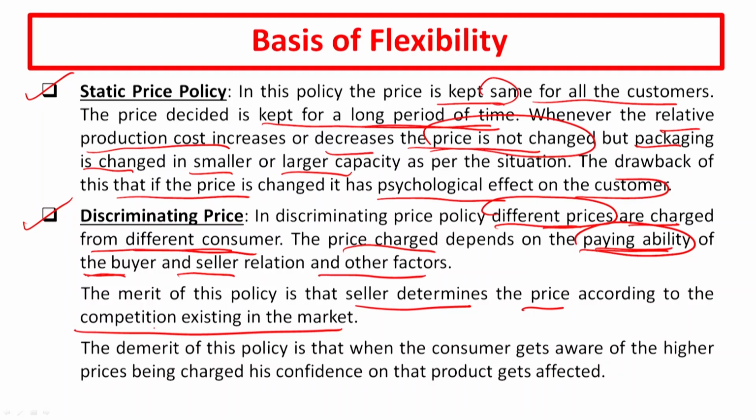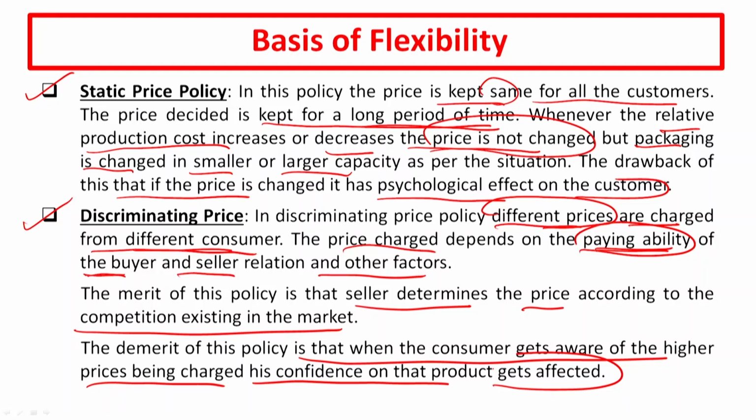The demerit is that when the consumer becomes aware of the higher prices being charged, his confidence in that specific product gets affected, and the next time he or she might change the product. So, on the basis of flexibility, we have taken 2 points: static price policy, in which the price was fixed, and discriminating price policy, in which different prices were charged from different consumers.